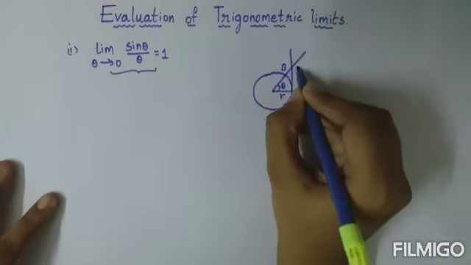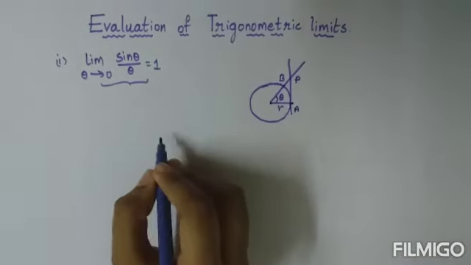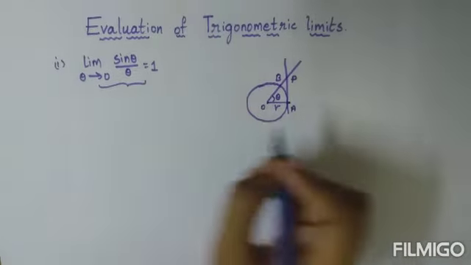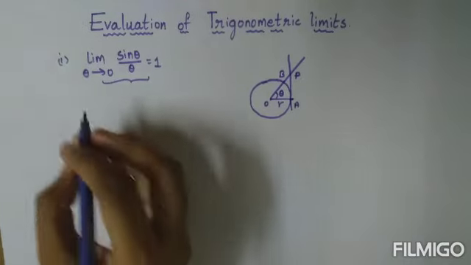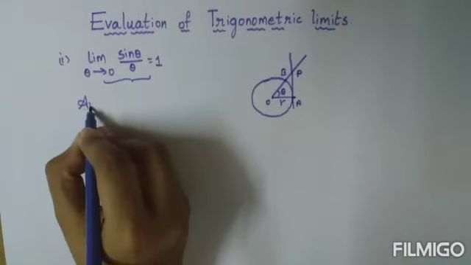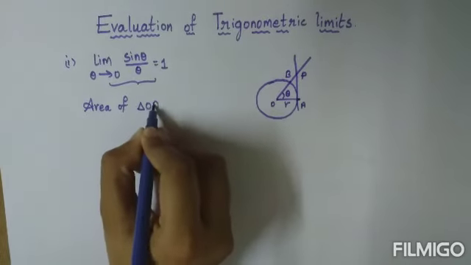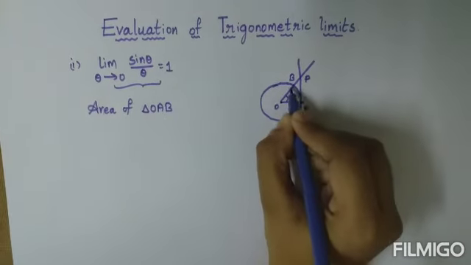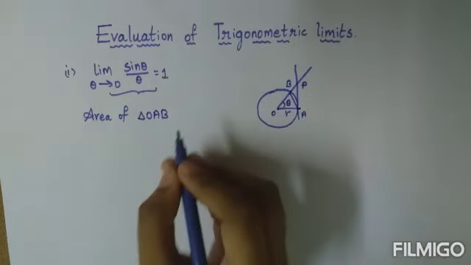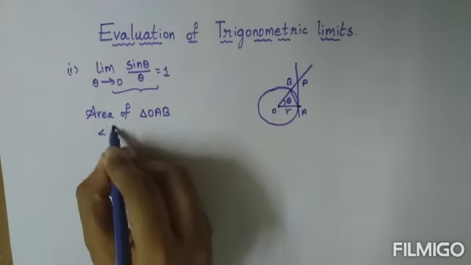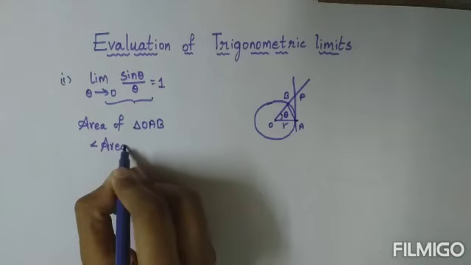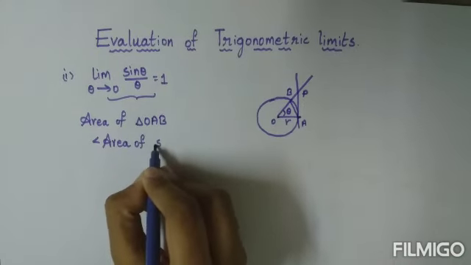So this point as P. Now from this diagram we can say that the area of triangle OAB is always less than the area of sector OAB.